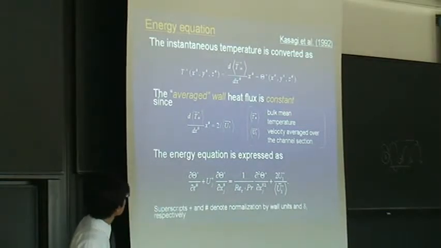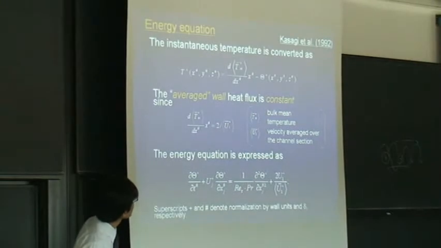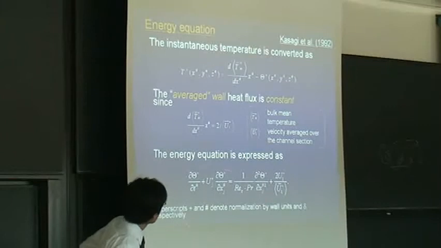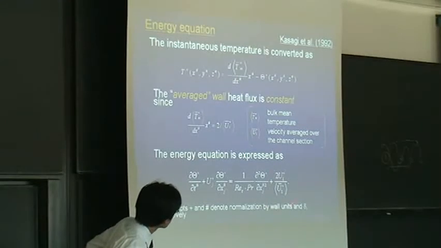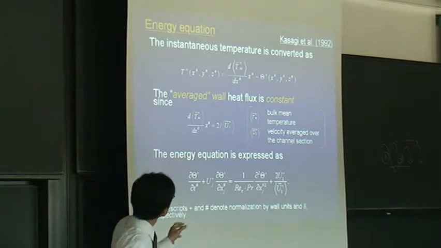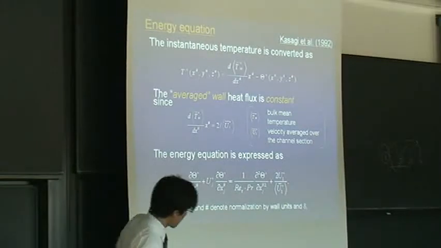For the thermal boundary condition, the constant heat flux condition proposed by Piomelli et al. is used. This is the energy equation, and this is the source term. This is not constant, but time dependent. However, the statistics obtained from this simulation are very similar to those obtained from the internal source heating by Kim and Moin.